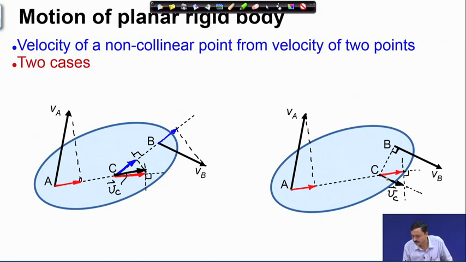As you can very easily realize, VC has a projection of this red vector along AC, and VC has 0 projection along CB.